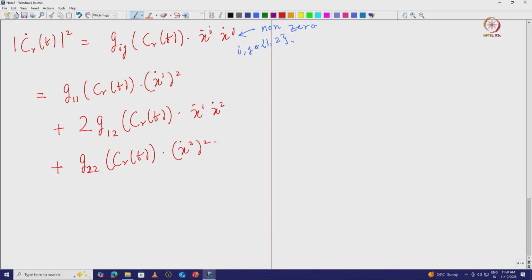Okay, so I use the Taylor expansion for the metric.